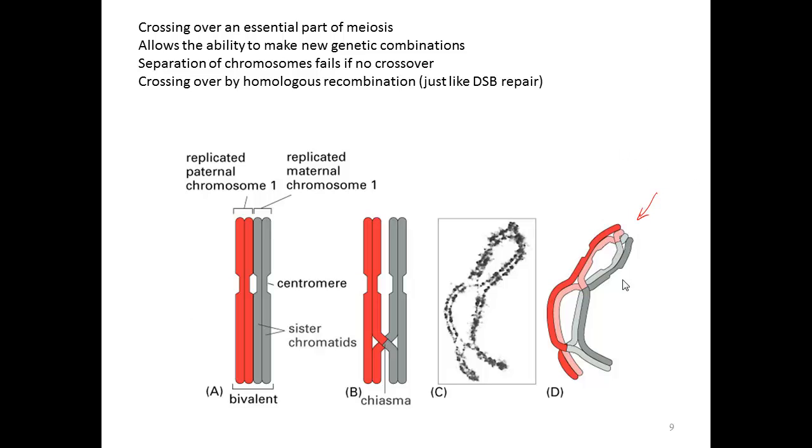It's only after crossing over, when the cell has performed a tension test to make sure that they are in fact crossed over, that the protease machinery will start to cleave proteins which are holding them together, then allowing those to segregate.